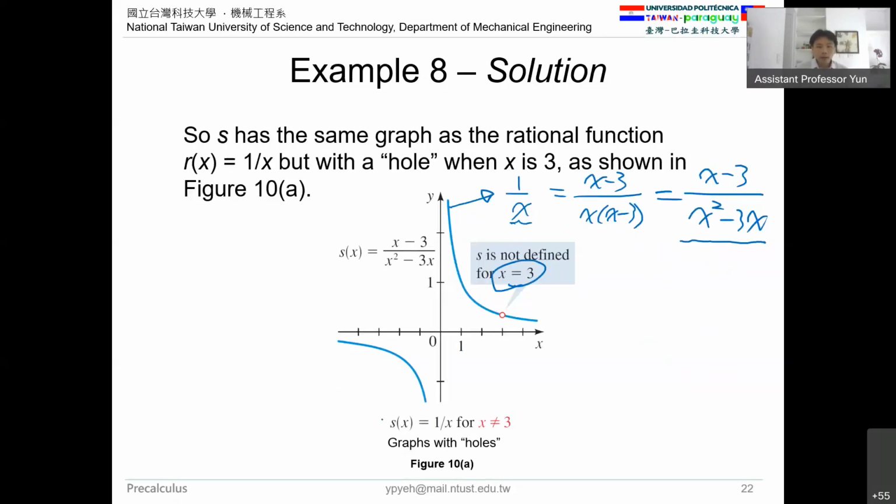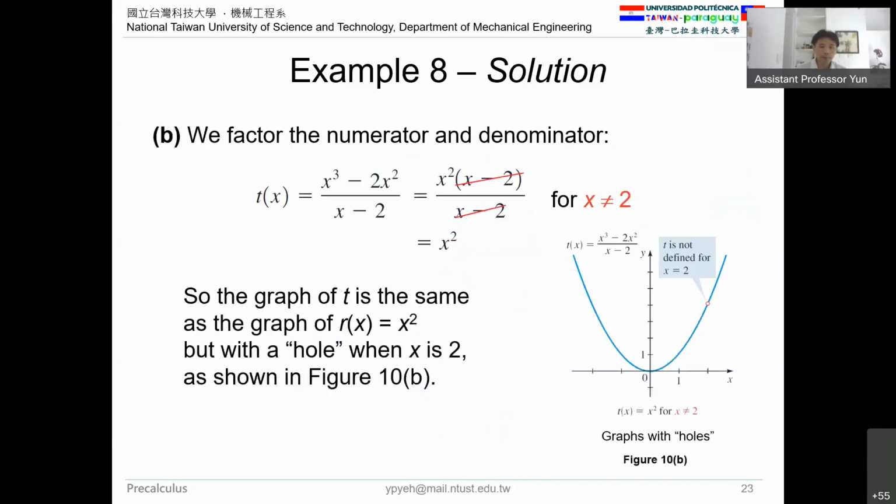Or we can see that s of x is equal to 1 minus 1 divided by x for x not equal to 3. In the case of 2 as well, the graph will be like x squared, and this will not include the point when x equals 2.